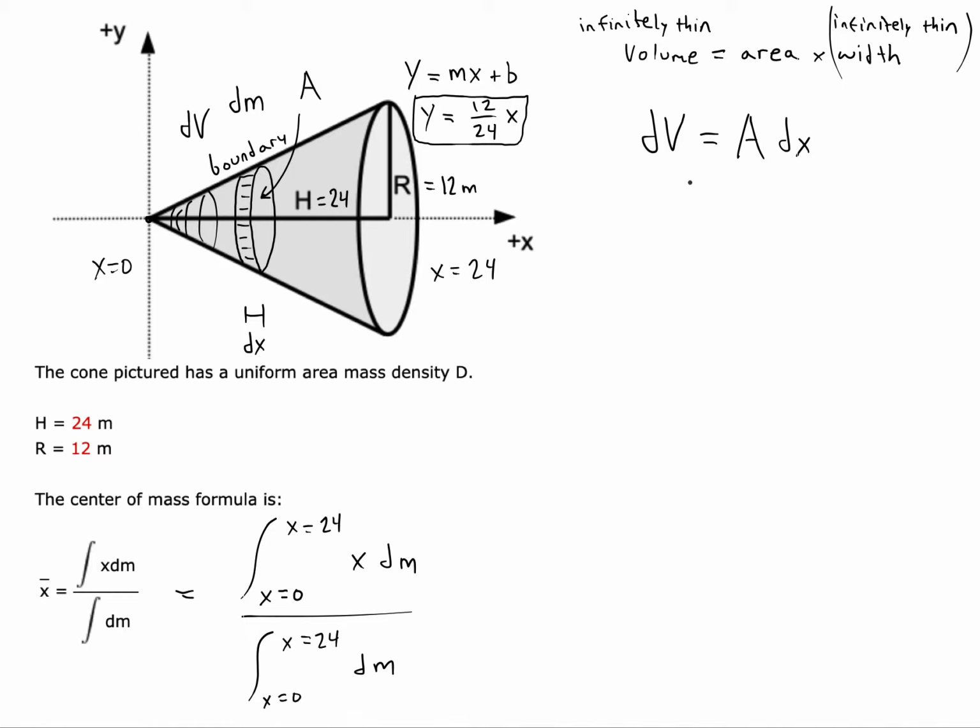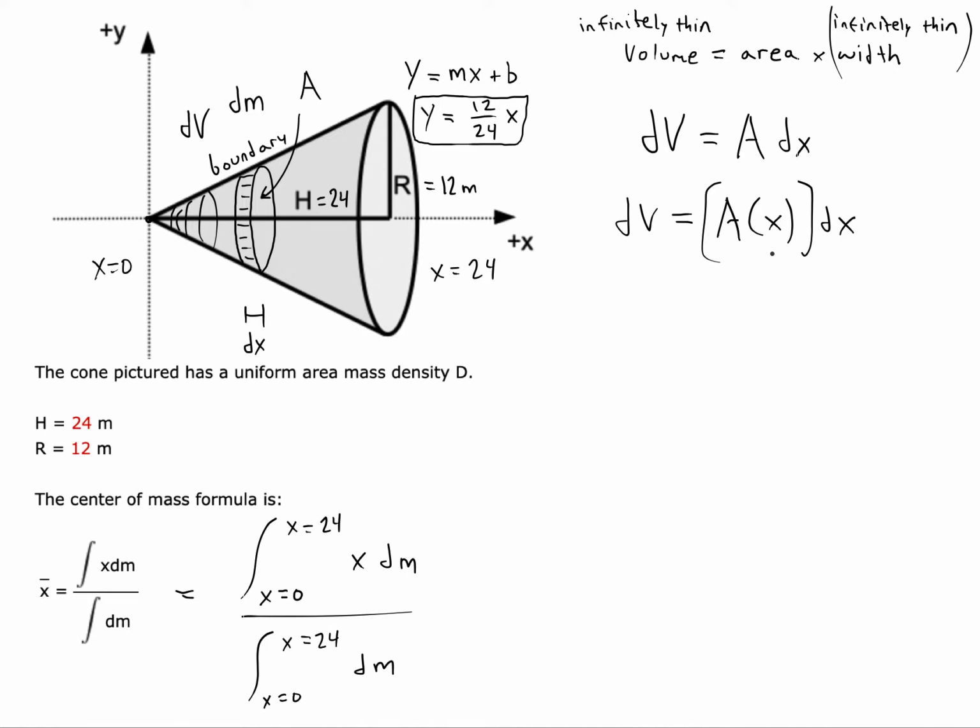now that's good so far, but we have to get area in terms of x, because it's a function of x. The area of each disk will change. Like here, it's small, and then it gets bigger, and then at the end, it's really big. So we need a formula for that.